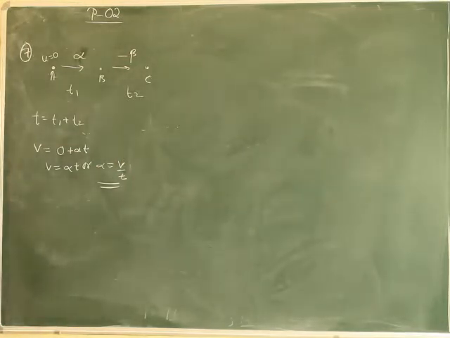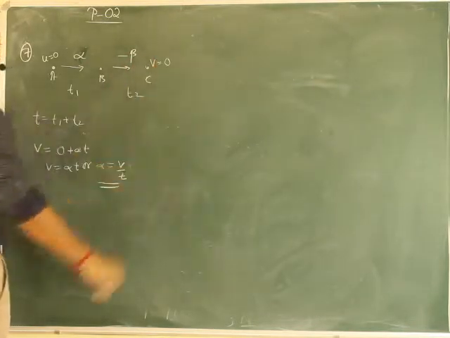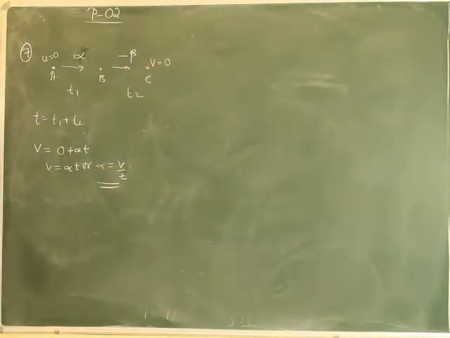Next, from B to C we have the case of deceleration, so the final velocity is 0. Again v equal to u plus at.